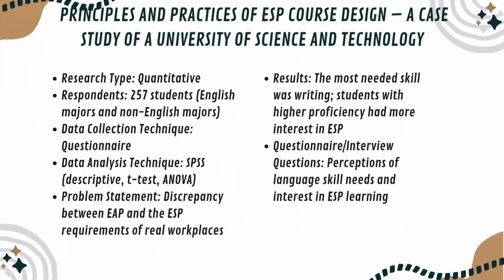Problem statement: discrepancy between EAP and the ESP requirements of the real workplace. For the result, the most needed skill was writing, and students with high proficiency had more interest in ESP. Questionnaire or interview question: perception of language skills, needs, and interest in ESP learning.